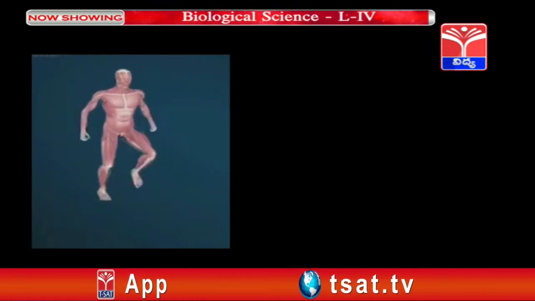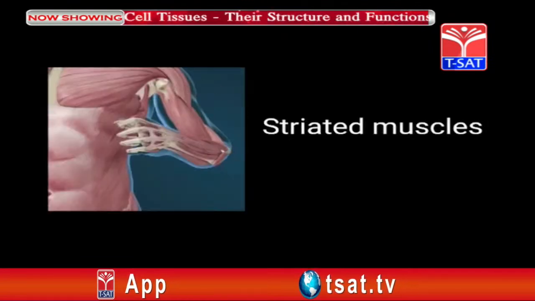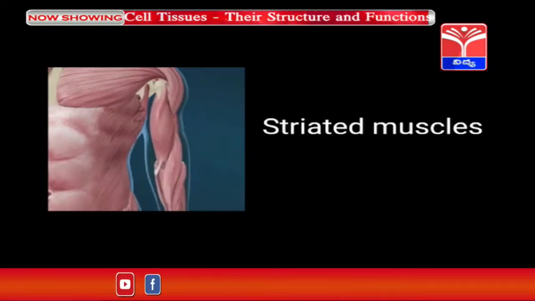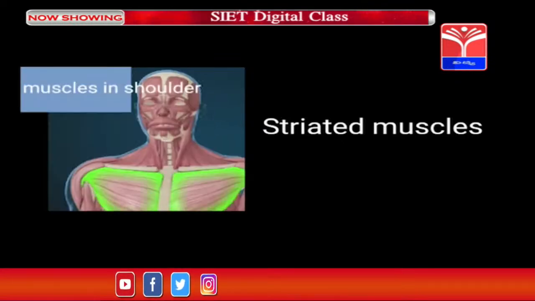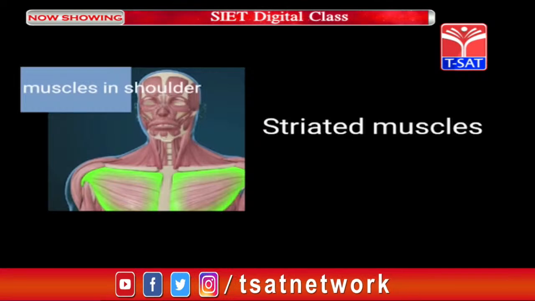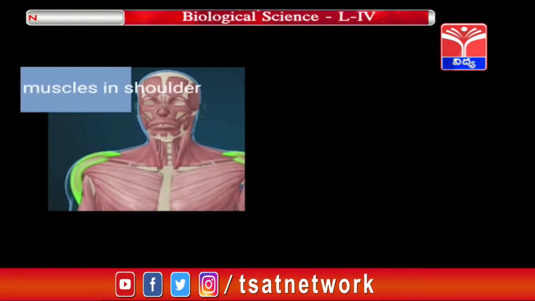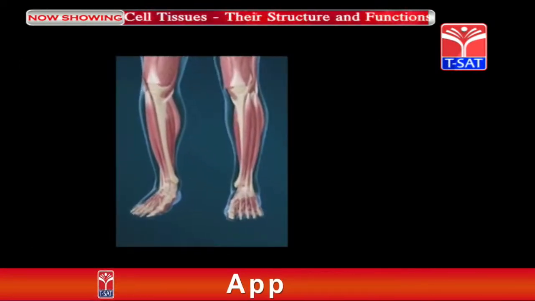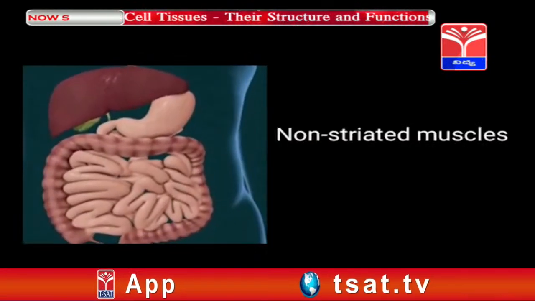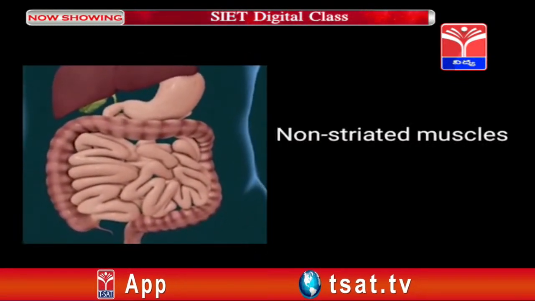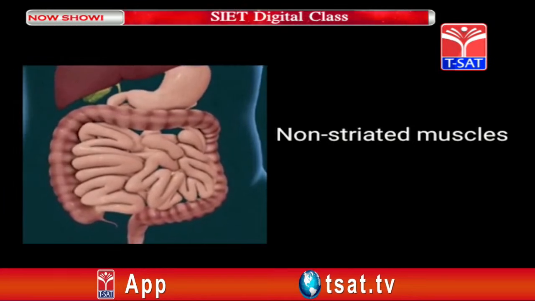There are striated muscles, also called voluntary muscles, like muscles in upper chest, shoulder, hands, legs. Some movements like in intestine are not in our control.